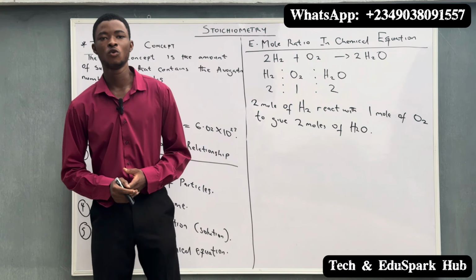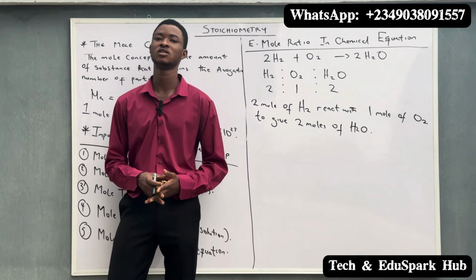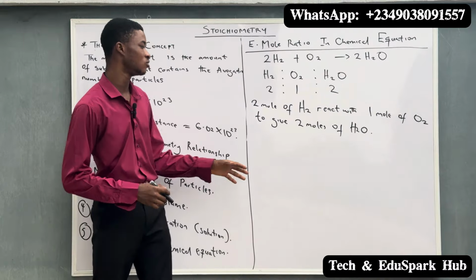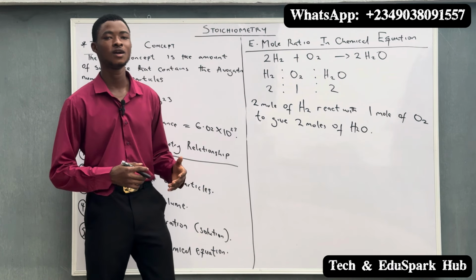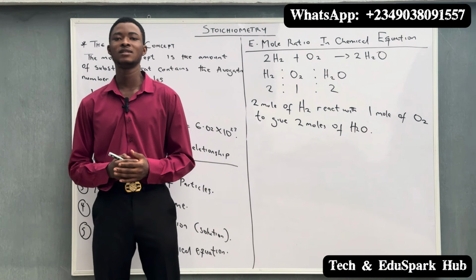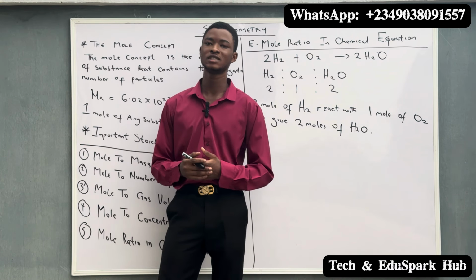In our next video, we'll be focusing more on this because this is used to calculate questions under stoichiometry. In the second part of this stoichiometry video, we'll be looking into details of how this mole relationship comes into questions when you are calculating under chemical equations in stoichiometry. All we have done so far is the basics of stoichiometry, so you have to note the basics.